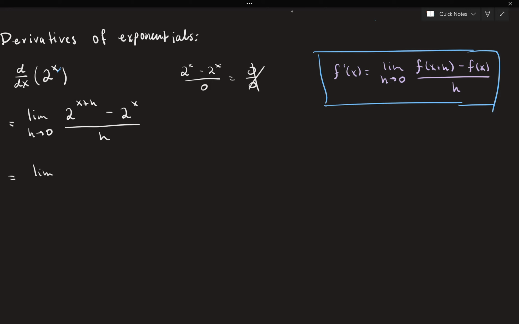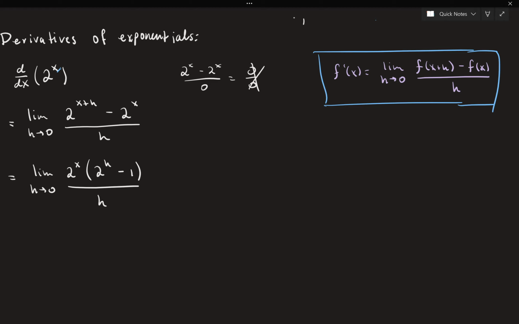We just have to do more work to figure out what it is. So let's do some algebra. I do notice 2 to the x is a common factor in the top, so I'm actually going to take that out first. Took 2 to the x out of here, what am I left with? I'm left with 2 to the h on the first one, because if I distribute that, I have to add the exponents. So I get back here, that's fine. Minus, took out 2 to the x, so I get a minus 1 over h.